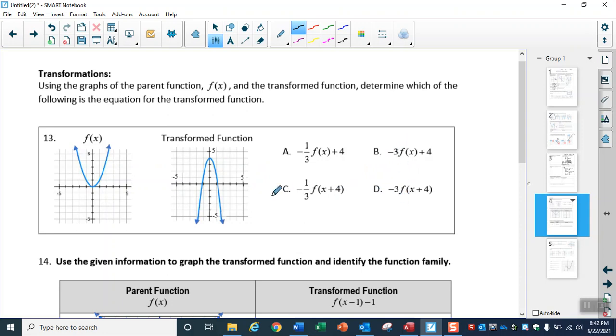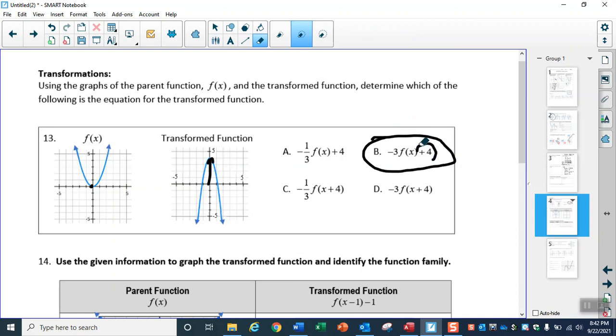So that checks out. And now my vertex is up 4, right? The vertex was here at 0, 0, and then it went up 4. So that's going to be the up 4, so it's going to be B. All right, that would move it up.